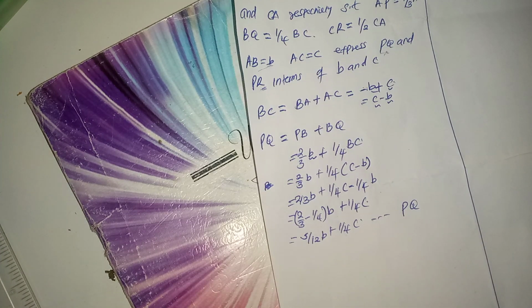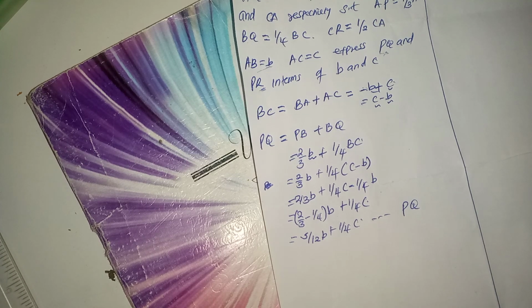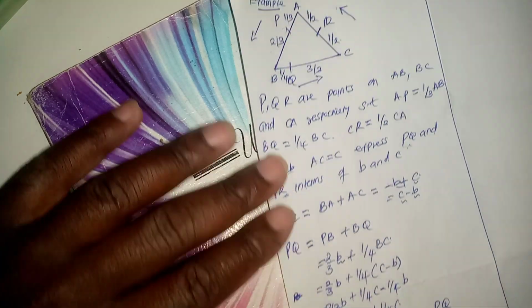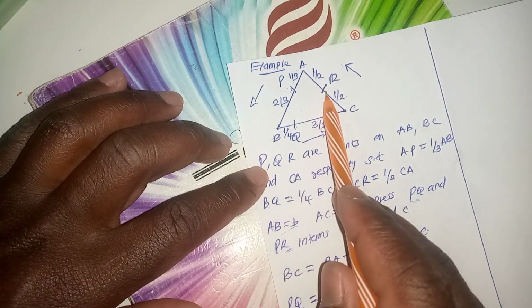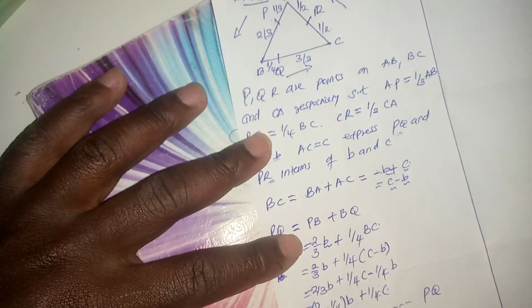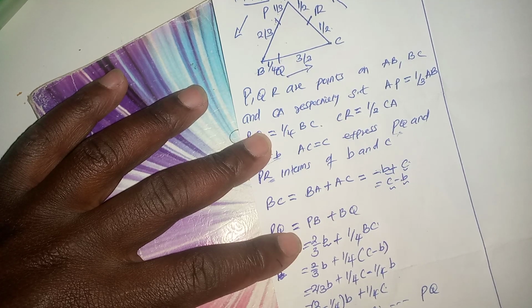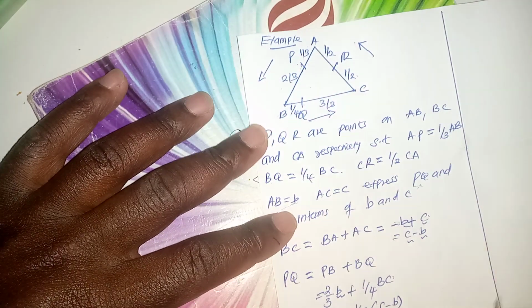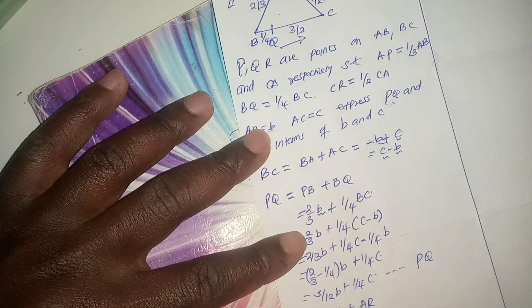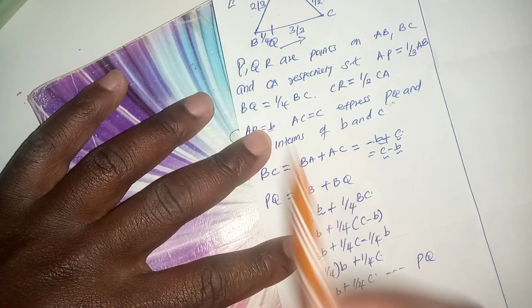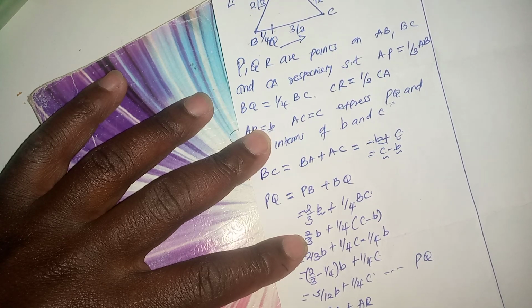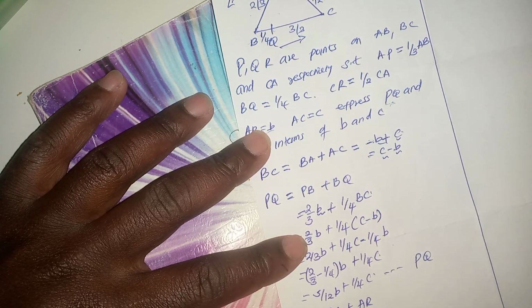We are told to find PQ and PR. Now here we can say that PR is PA plus AR, since we want to go from here to here. In this case, our PA is 1/3 of BA, so it is 1/3 minus B, plus a half AC.